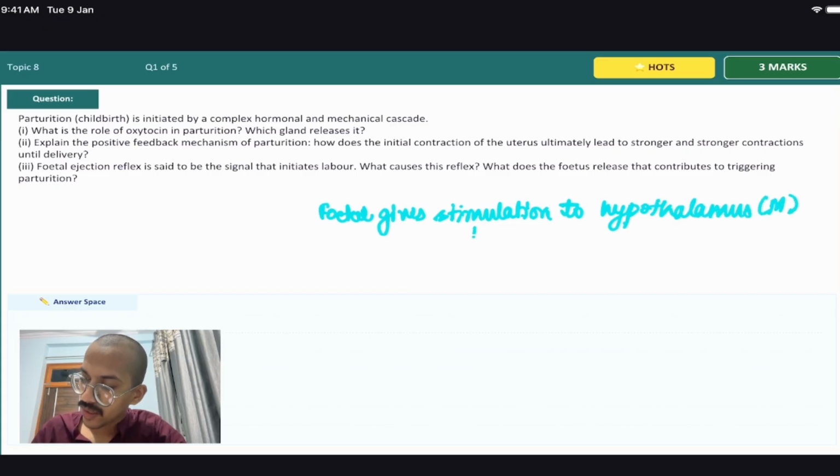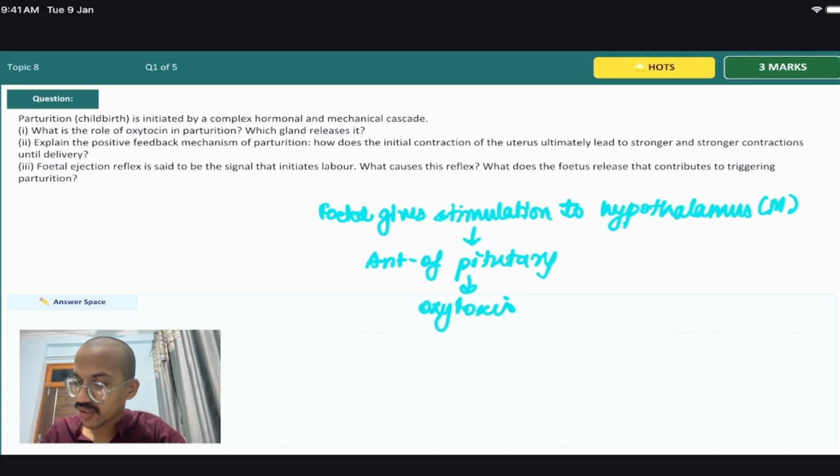Then the mother's hypothalamus, after stimulation, signals the pituitary, and it secretes oxytocin.